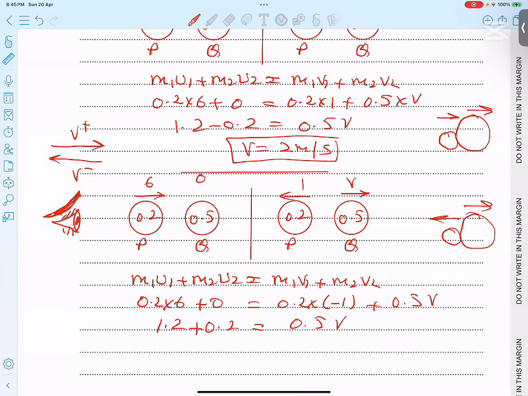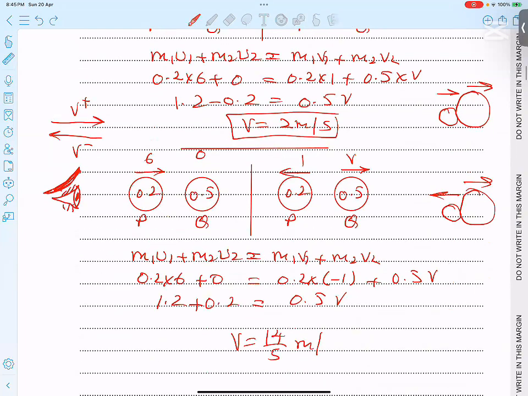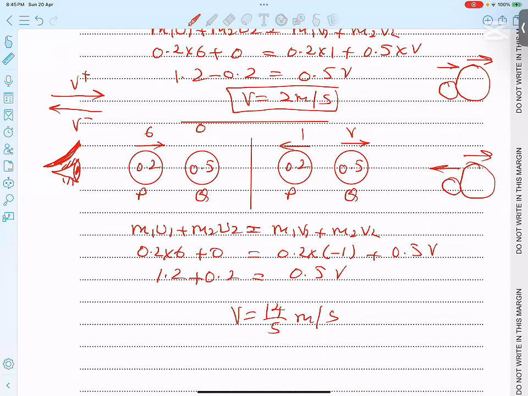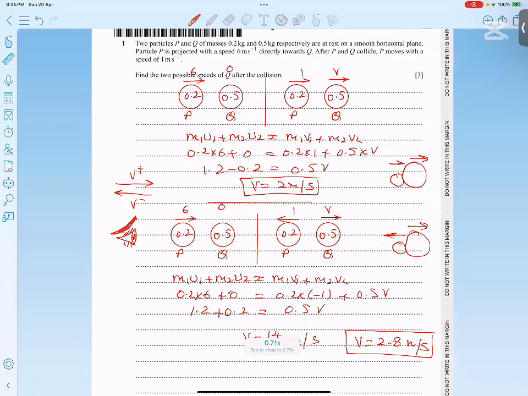When I check it, 1.4 divided by 0.5, and my answer turns out to be 14 over 5 meters per second, or rewriting in decimal, it becomes 2.8 meters per second. I hope the concept is very clear, and question number 1 is over.